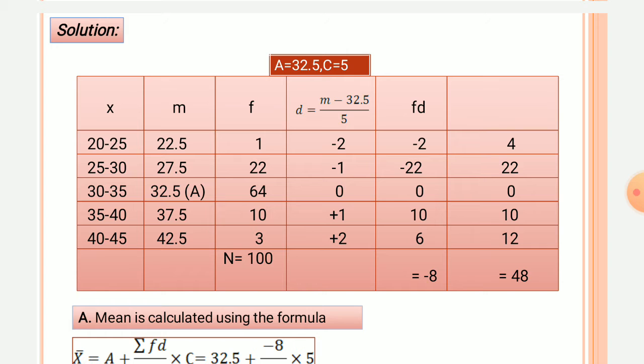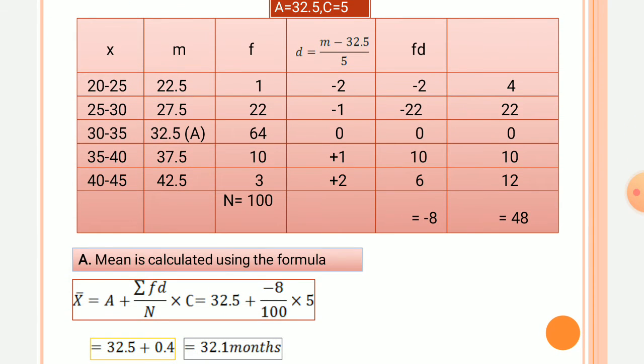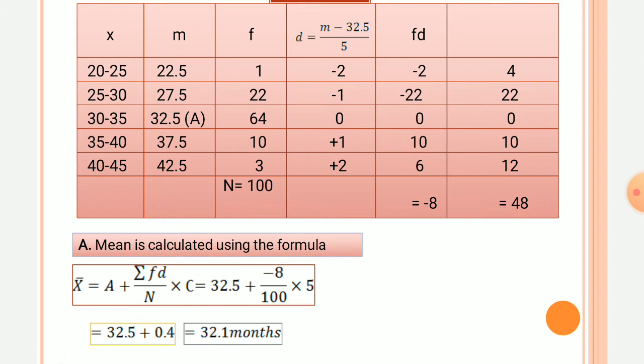After preparing this table, we find the values of arithmetic mean and standard deviation by applying the formula. X bar is equal to A plus sigma fd by n into C. A equals 32.5, the assumed value, plus sigma fd minus 8 by n 100 into C 5.